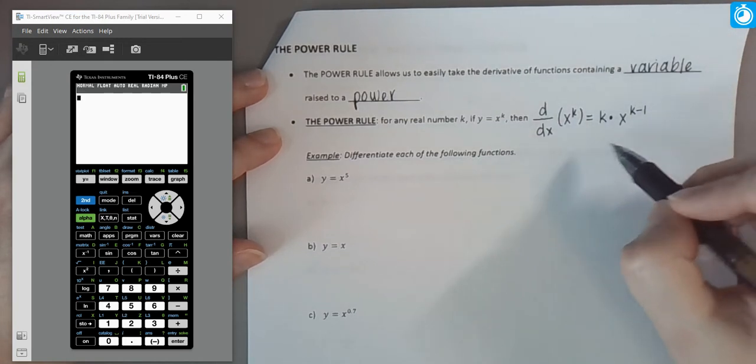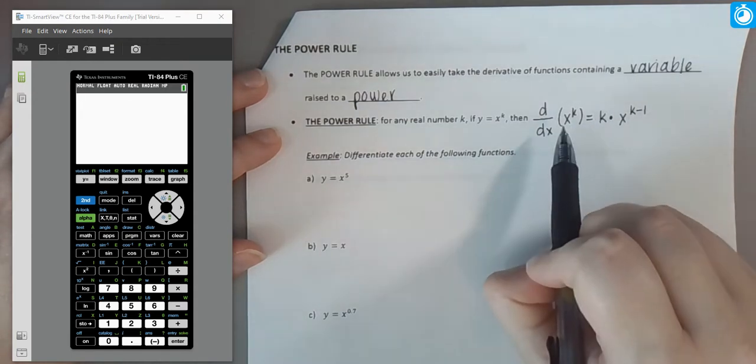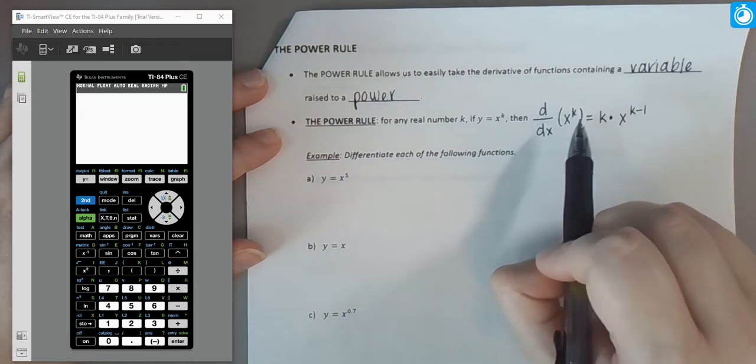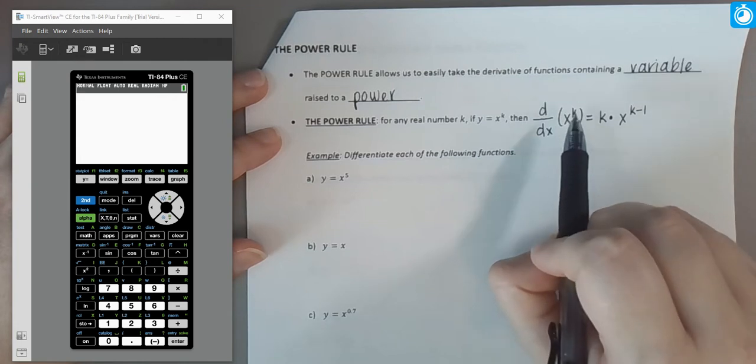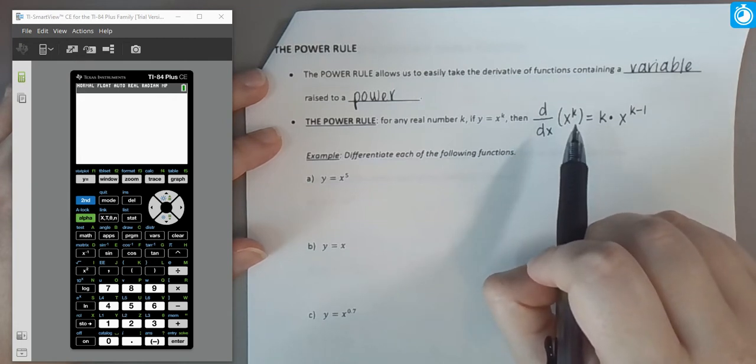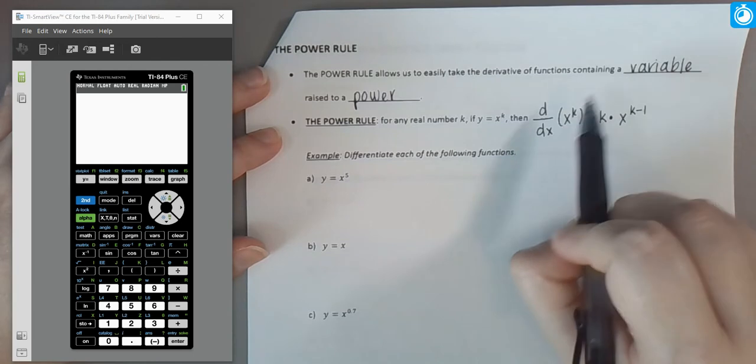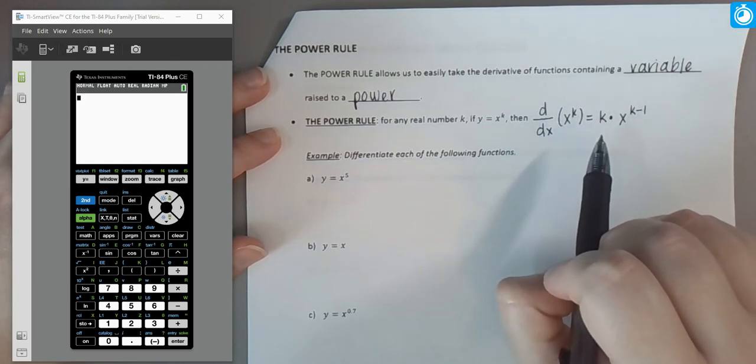That is going to be the formula for our derivative. Anytime we take the derivative of a function that looks like this, our variable raised to a power, regardless of what the power is, as long as the power is a constant number, this is the formula that allows us to differentiate that function.